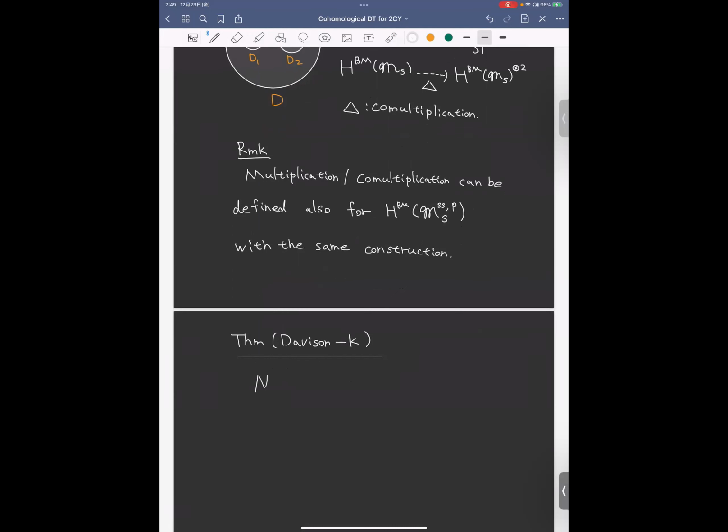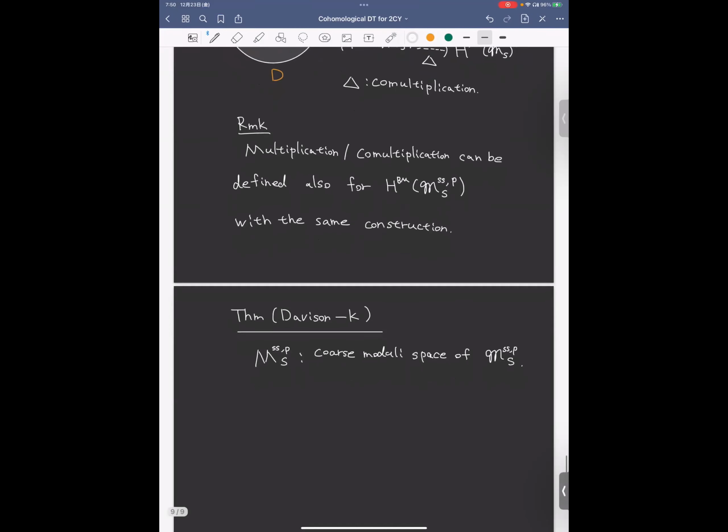We let M^ss_P(S) be the coarse moduli space of this stack. And now we assume S to be a Calabi-Yau surface.